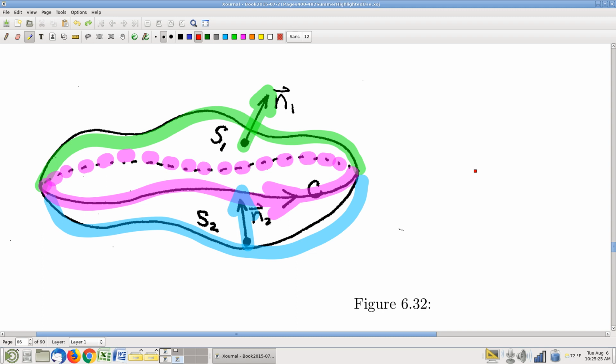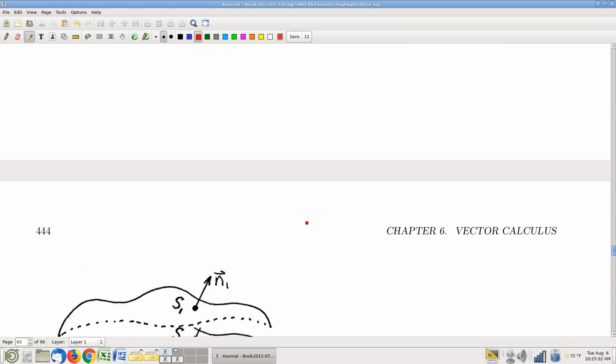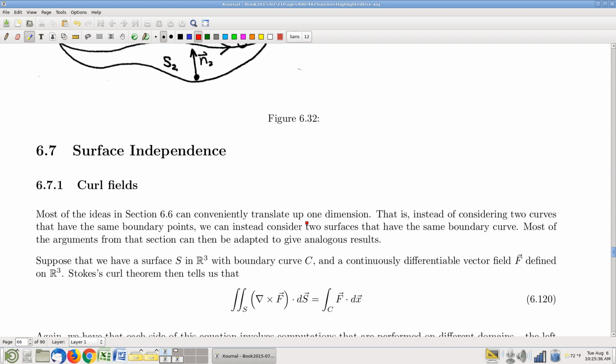So given that picture, these two surfaces have the same boundary curve. And then I got to come all the way back over here now. Here we go.